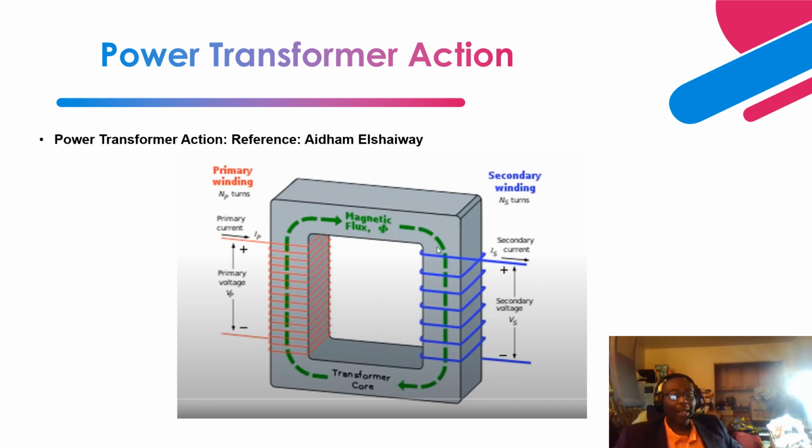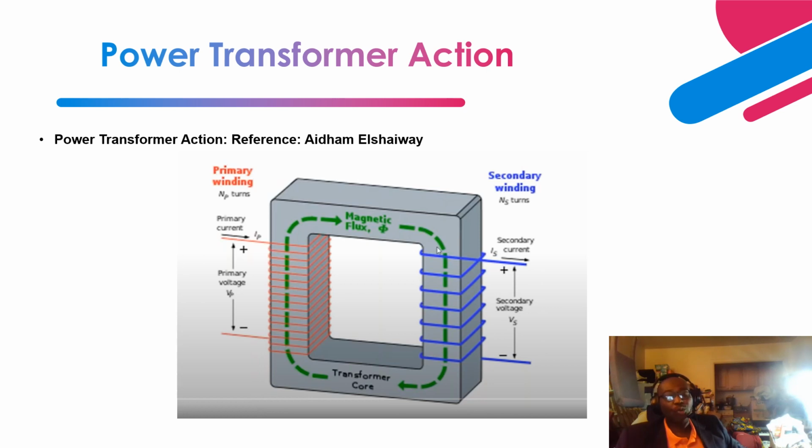Okay, so as you apply voltage to the high voltage side of this transformer, you have a primary current that is going to flow, right? So once you have a primary current that is going to flow, it flows through the core, right? And it excites the core. Once it excites the core, you have a magnetic flux that is going to flow through the core. And this magnetic flux is alternating in nature.